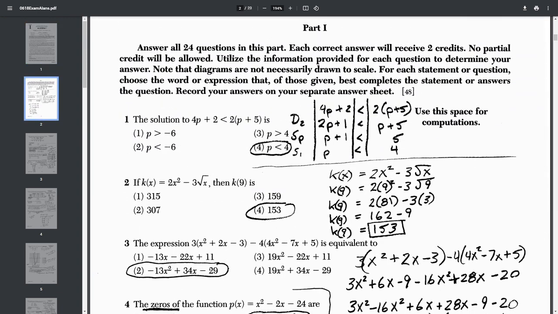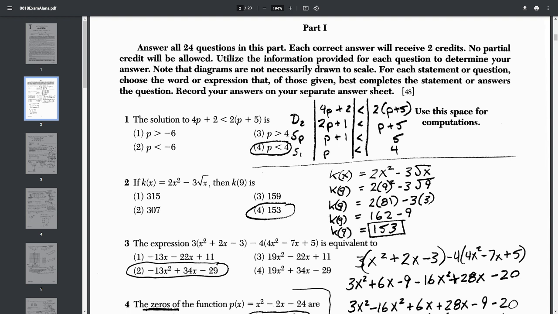Number 1, the solution to 4p + 2 < 2(p + 5) is. To do this, all you have to do is solve for p. On the right side, you can distribute 2p + 10, or since the right side is being multiplied by 2, you can divide both sides by 2 so that there's no more 2 in front of parentheses, and that's what Steve did here.